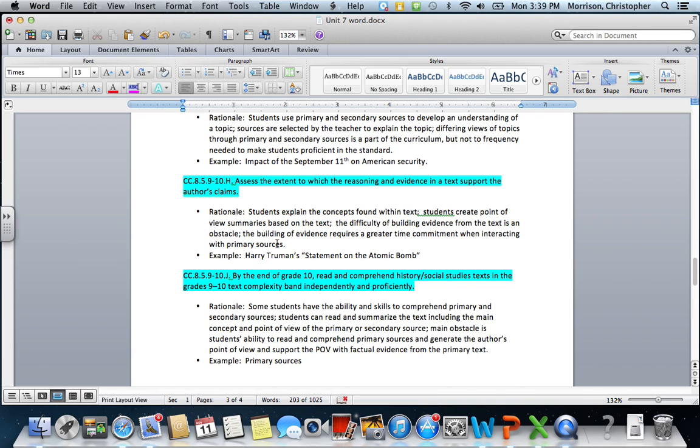And so one of the examples that I use is Harry Truman's statement on the atomic bomb. With this, students read the primary source and begin to develop the reasons why Harry Truman decides to drop the atomic bomb during World War II.